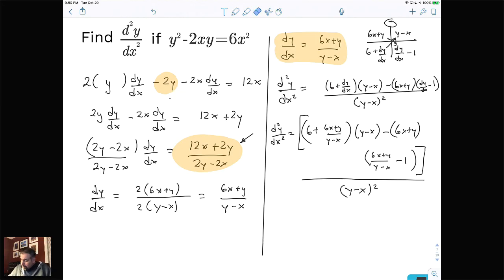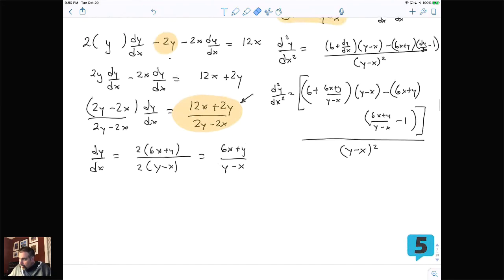So what I'd like to do is write this the way I would expect my students to write this. The way I would have my students write it is, starting over here, the second derivative is equal to 6 plus 6x plus y over y minus x. There's my first factor. Y minus x is my next factor.